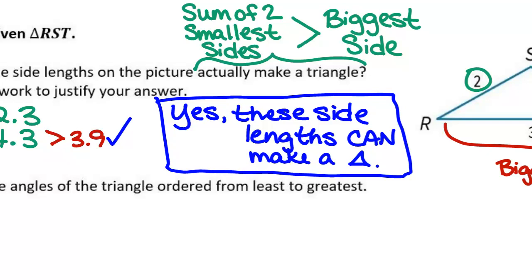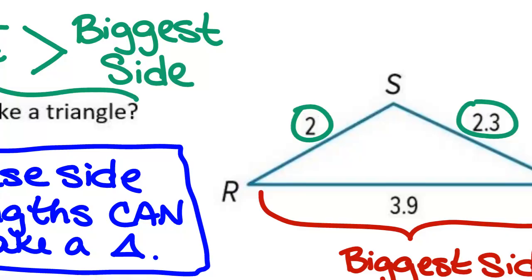Part B, it says list the angles of the triangle ordered from least to greatest. So if I'm going to find the angle that is the least, I need to start by identifying the side that is the least. Which side is the least side? RS, 2, yes.